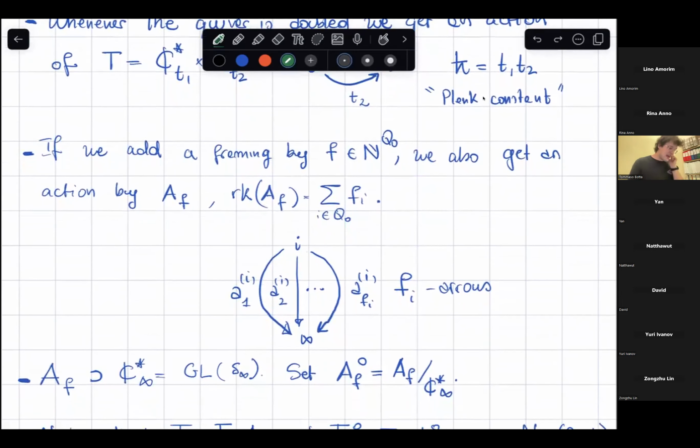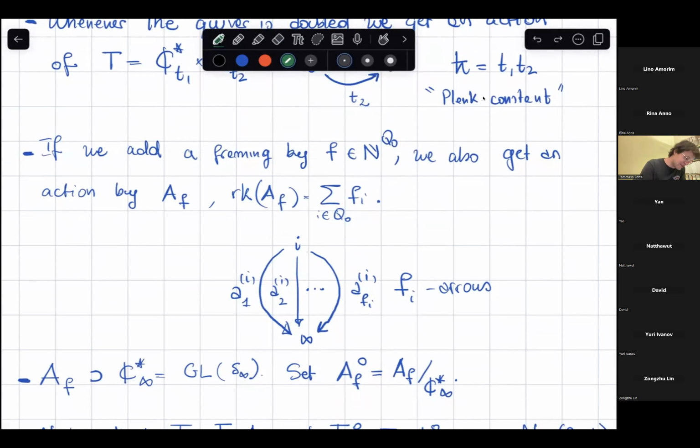And another important point is that whenever we add a framing, then we also get an action of the group that I denote in the following way. This is AF. So for me, AF is a torus of rank equal to the magnitude of the framing, so to the sum of all the entries of the framing vector. And the action looks like the one I described with this picture.